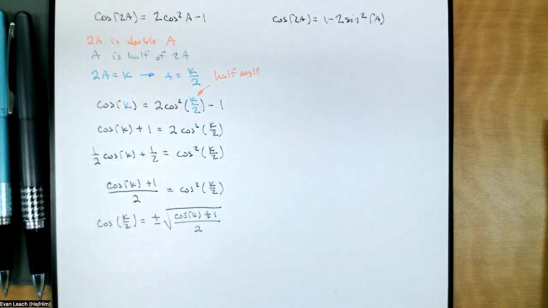So this is a half angle identity. It's got a plus or minus in it because we solved an equation that involved an even exponent. That led us to 2 solutions.